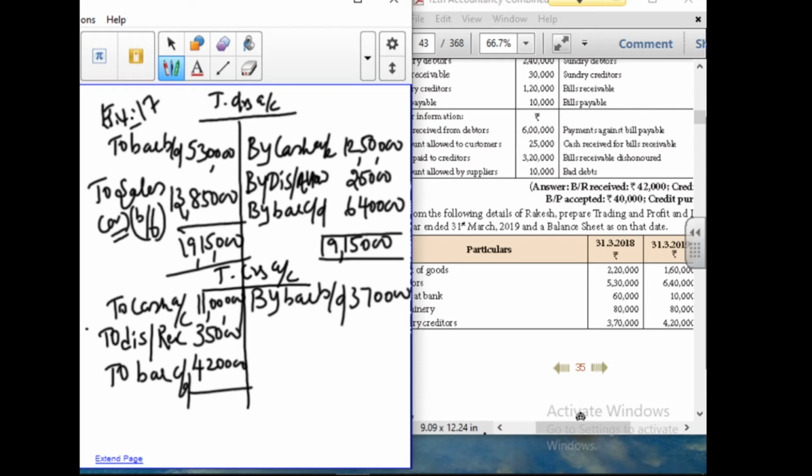Naturally your debit side is more, I think, so 15,55,000 is the amount. With this we are going to tally with the credit side, 15,55,000.